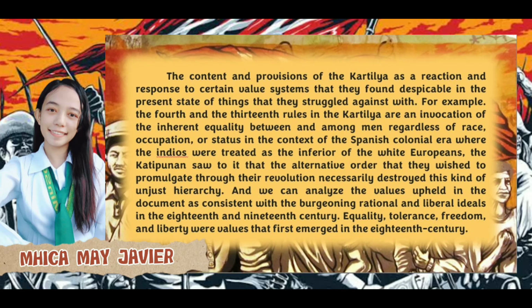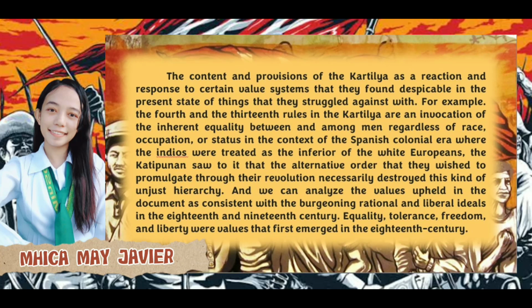The Katipunan saw to it that the alternative order that they wished to promulgate through the revolution necessarily destroyed this kind of unjust hierarchy, and we can analyze the values upheld in the document as consistent with the foregoing rationality and liberal ideas in the 18th and 19th century.